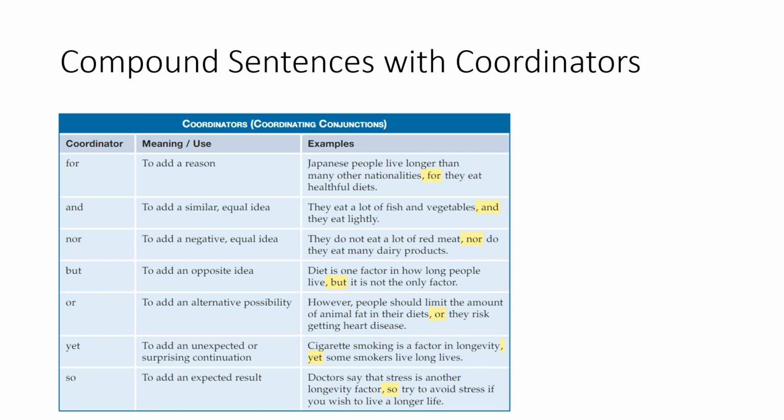Yet is used to add an unexpected or surprising continuation. For example, cigarette smoking is a factor of longevity, yet some smokers live long lives. So is used to add an expected result. Doctors say that stress is another longevity factor, so try to avoid stress if you wish to live a longer life.